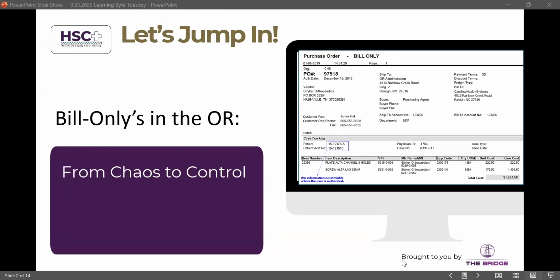I will be honest, in the majority of the health systems I've worked at, bill onlys were a manual exception process. So I want to go through some tips and tricks to make it not so manual, or at least have standard work around it, and then give you some ideas of how to automate it, and hopefully bring you some massive value for tomorrow. Okay, so that's what we're going to do.